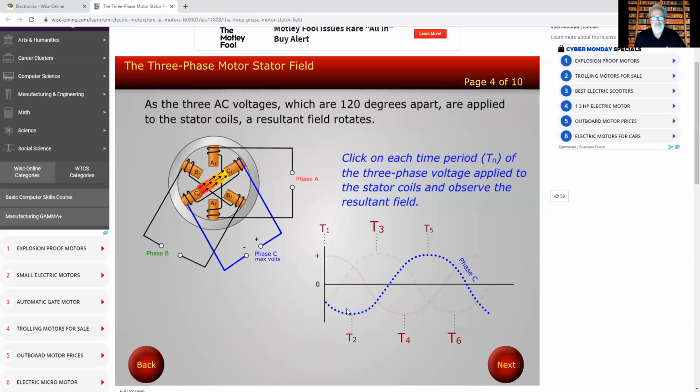T3 here, T4, back to here, T5 here, T6 here. So what we saw was this magnetic field circled. It went all the way around the circumference internal to the stator.